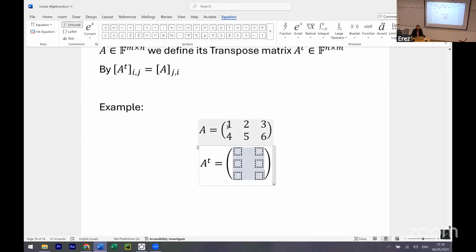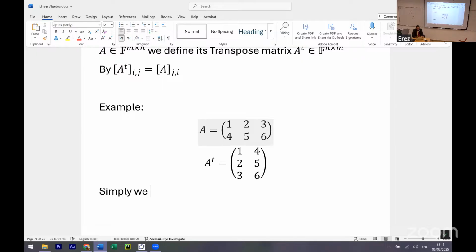And then you say 1 is at first row, first column, 1 stays the same. Here, who is at the first row and second column? I take the second row and first column, that's 4. And basically, I just write the rows as columns.